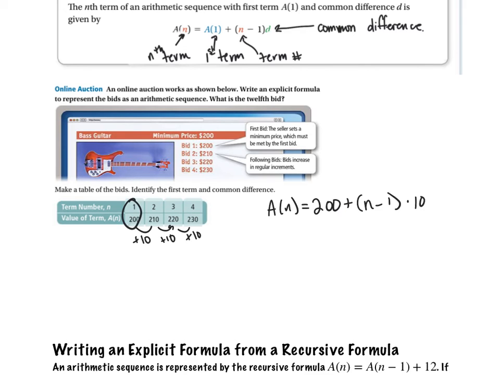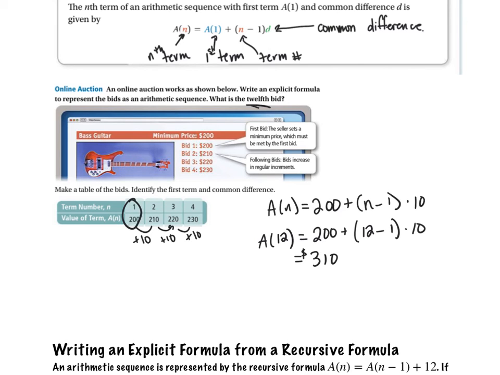And now if I want to know the 12th bid, I look at a of 12. Now I think about evaluating a function. You can say 200 plus 12 minus 1 times 10, and I just evaluate that. So I would get $310, meaning that the 12th bid that takes place on this guitar is $310.